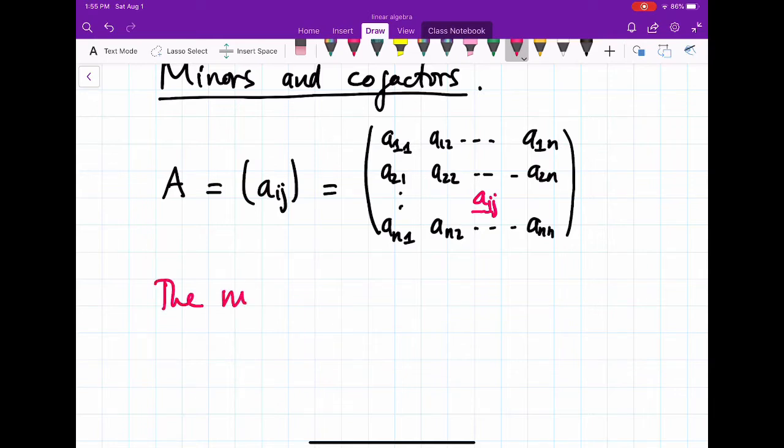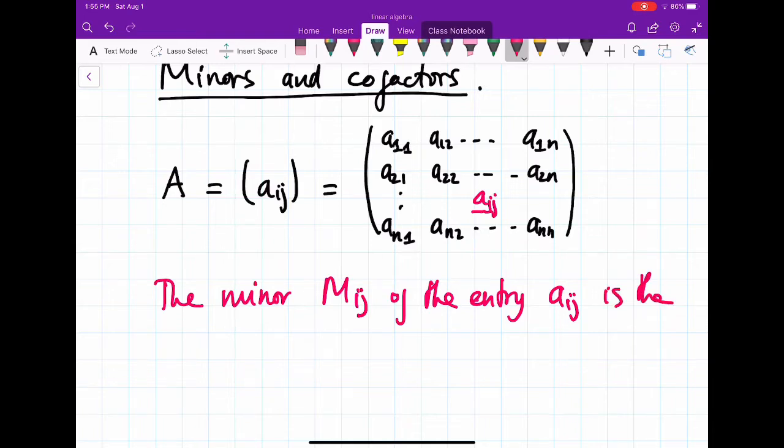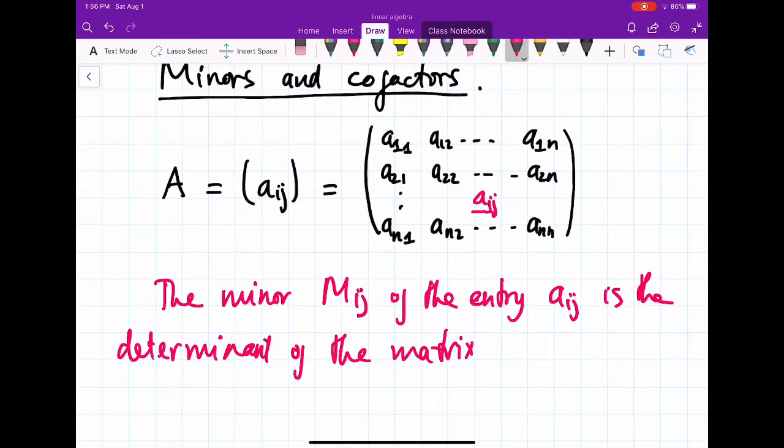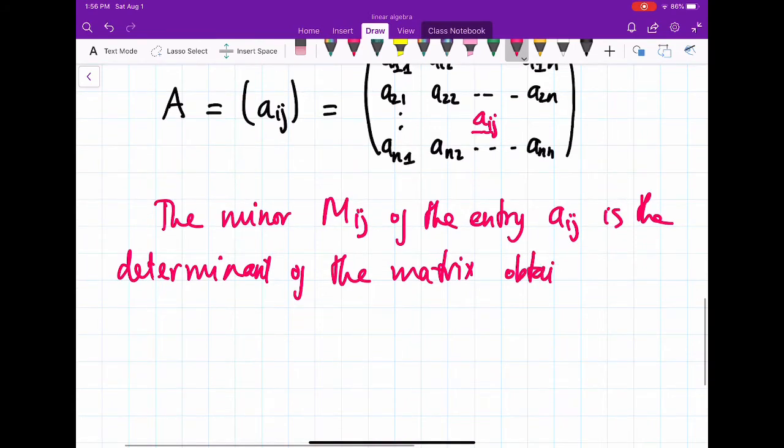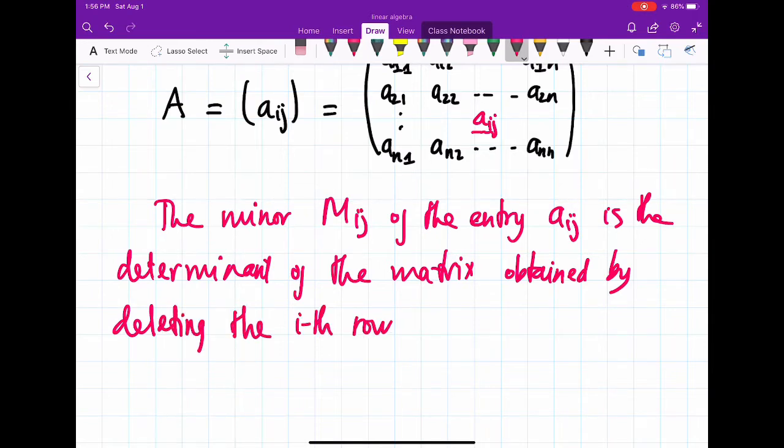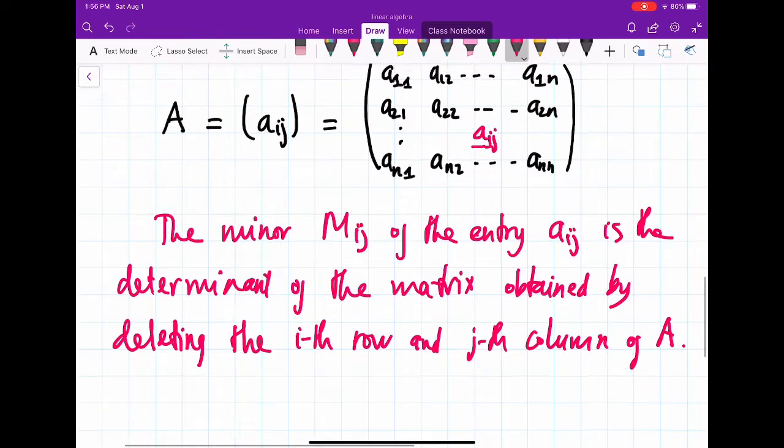The minor Mij of the entry aij is the determinant of the matrix obtained by deleting the ith row and the jth column of the original matrix. So what does it mean?